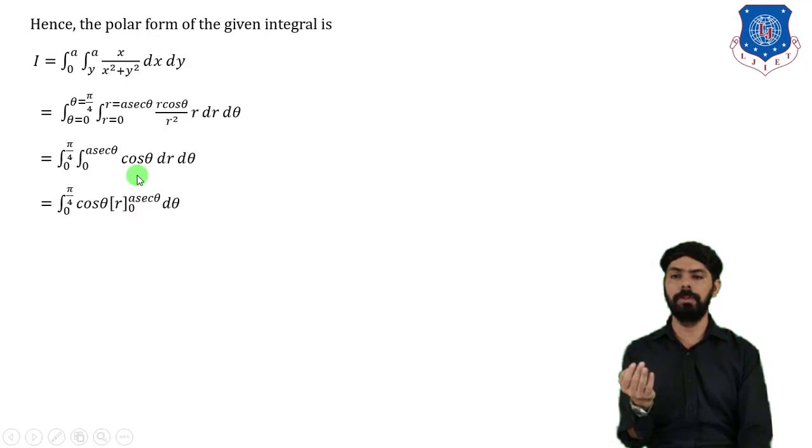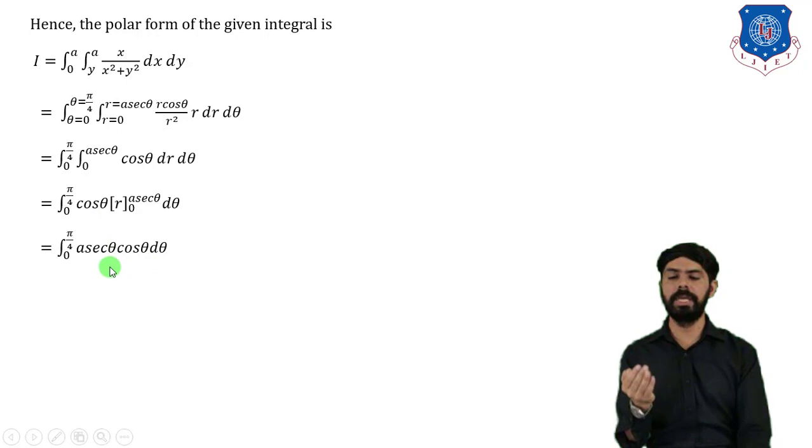So this will be integration from 0 to pi by 4 cos theta into r, and the limit of r is 0 to a sec theta d theta. Now we will replace r by a sec theta, then minus we will replace r by 0. So it will be a sec theta minus 0, so it will be a sec theta. Therefore it will be integration from 0 to pi by 4 a sec theta into cos theta d theta.